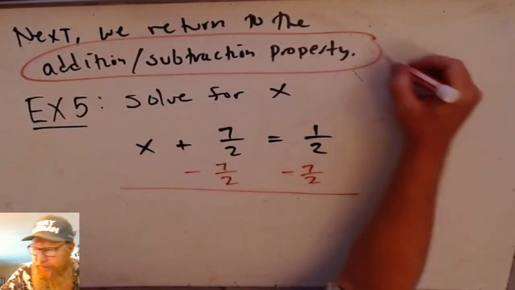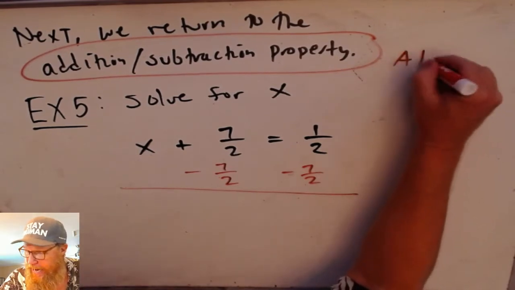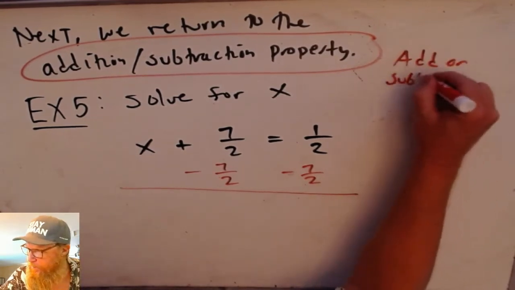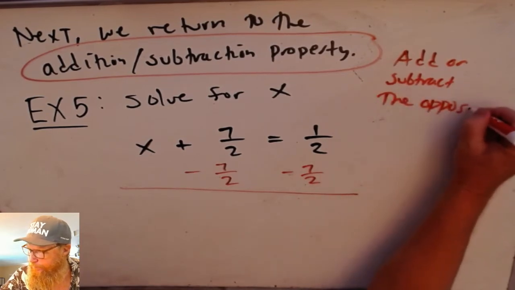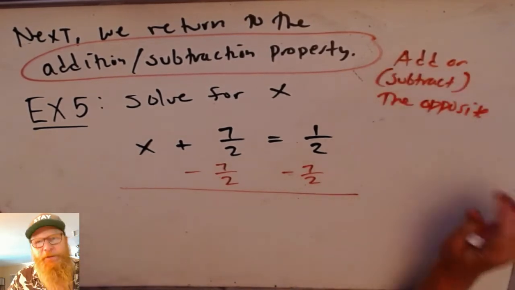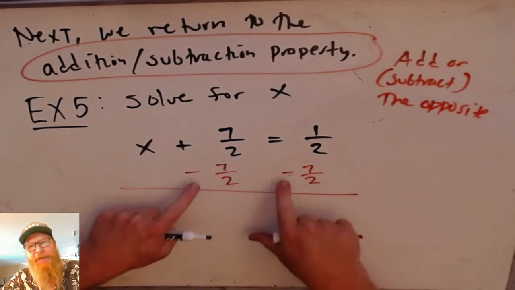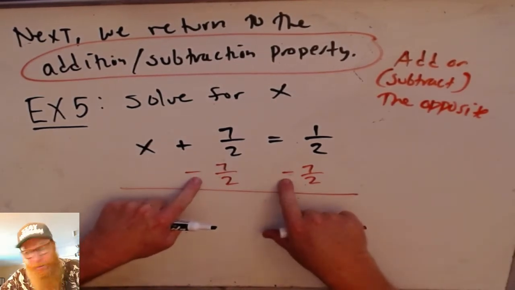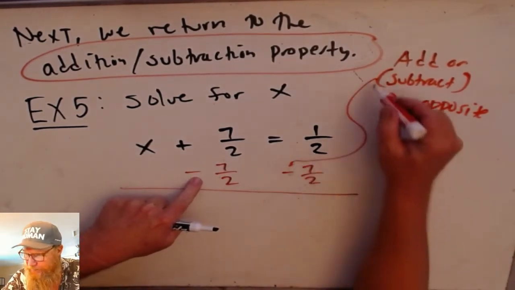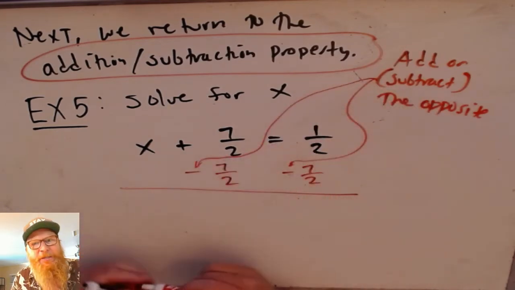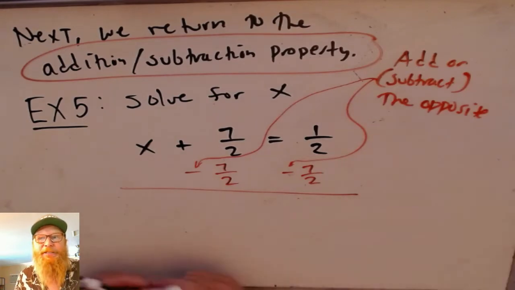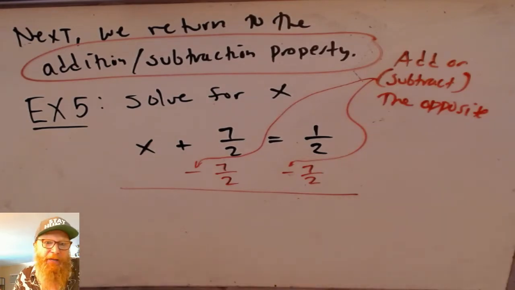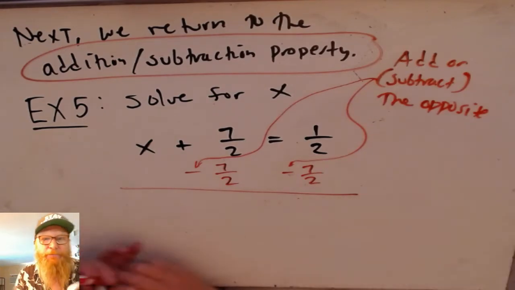So the addition and subtraction property says add or subtract the opposite. In this case, I'm adding negative 7/2, which is also called subtracting. One person might say subtract, another person says add the opposite. Means the same thing. Tomato, tomato.